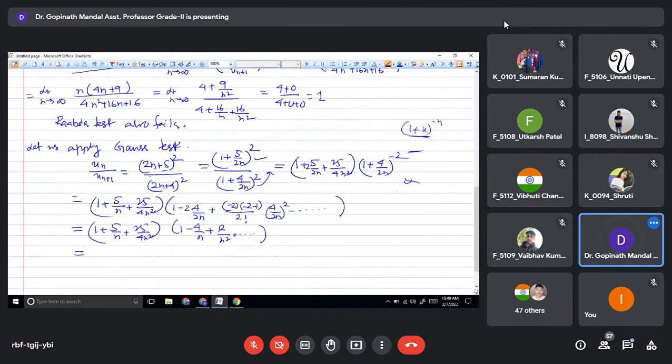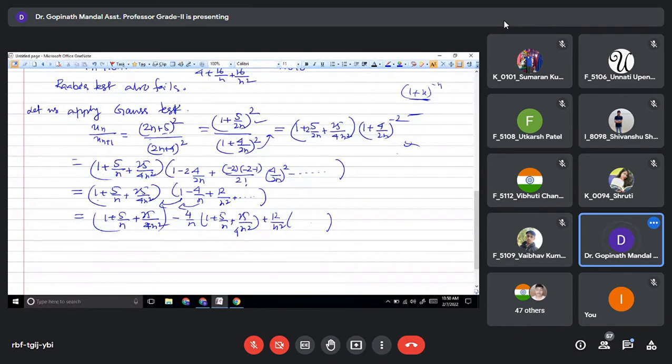So now multiply. First 1 into this, 1 into this. So 1 plus 5 by n plus 25 by 4n square. Now second, minus 4 by n into that 1 plus 5 by n plus 25 by 4n square, like that, and plus the other term.